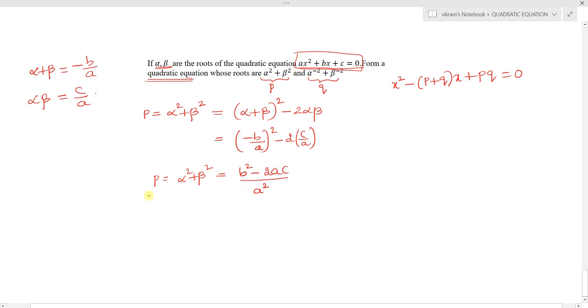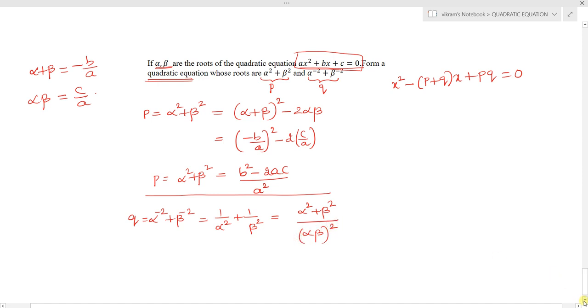Now next, what is the other root he has given? Alpha power minus 2 and beta power minus 2. We are considering this as root q, which can be written as 1 by alpha square plus 1 by beta square, which is equal to (alpha square plus beta square) by (alpha beta) whole square.